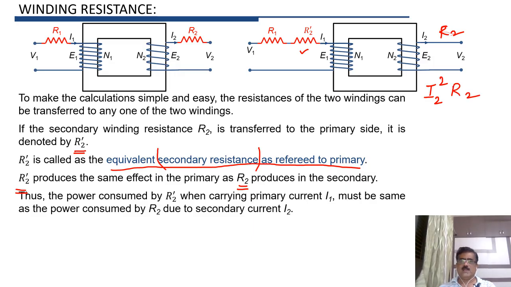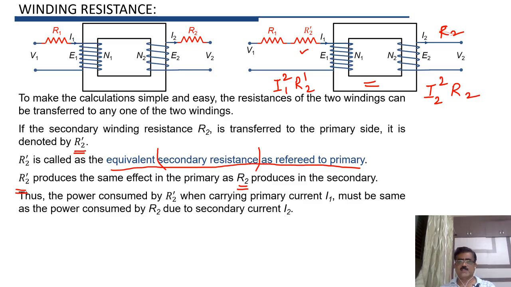Similarly, current through R2 dash is I1 and resistance is R2 dash, so the power loss is I1 square into R2 dash. Now the power loss produced by R2 dash, that is I1 square R2 dash, must be same as power loss produced by R2, that is I2 square R2.